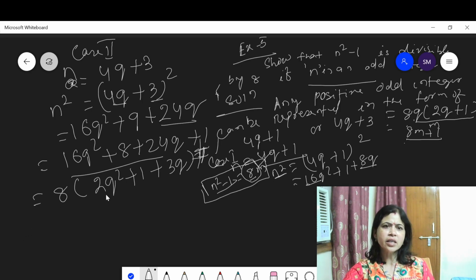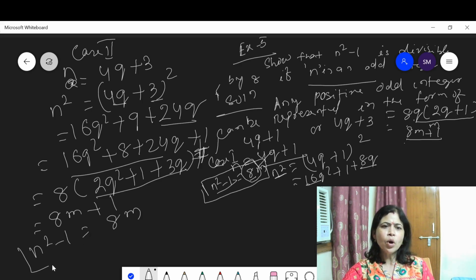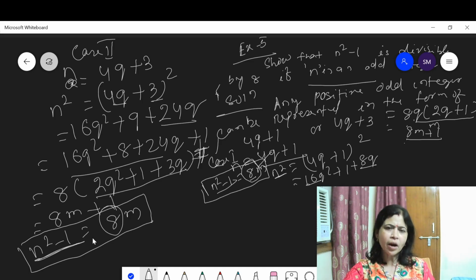Let this bracket be m, which gives 8m plus 1. Then n square minus 1 is equal to 8m, which shows that n square minus 1 is divisible by 8, a multiple of 8.